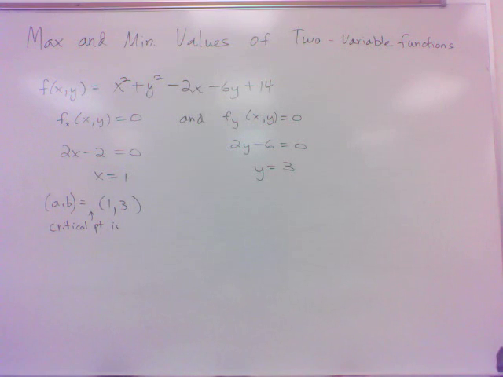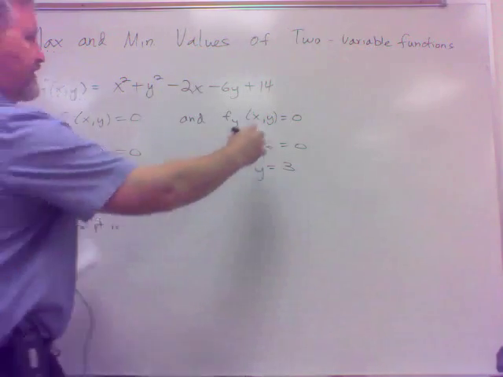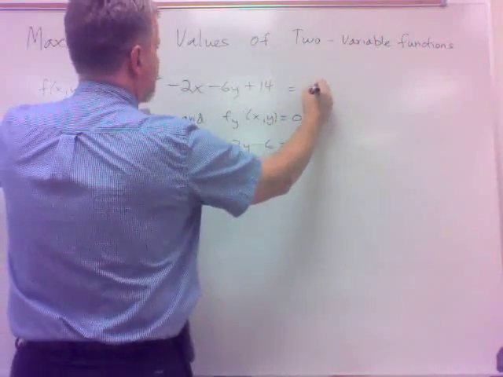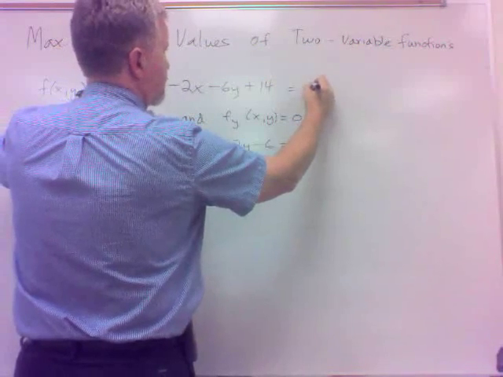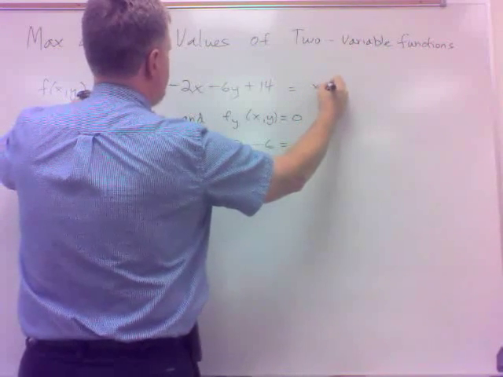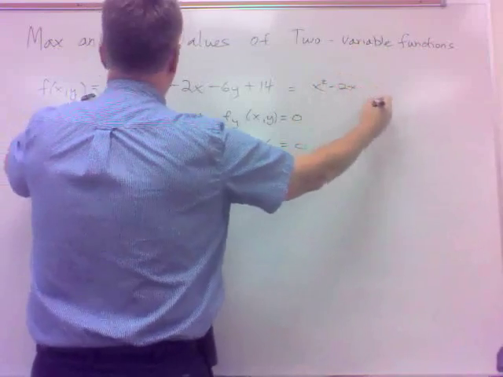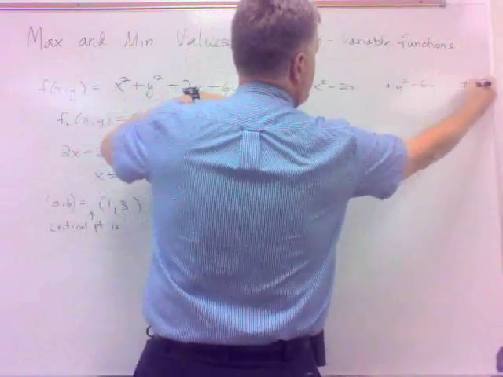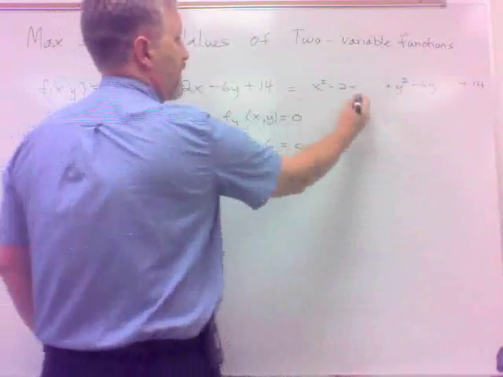All right, well, they go ahead and just graph this one just to kind of show you that this does work. And the way they do it is if we complete the square here. Complete the square.